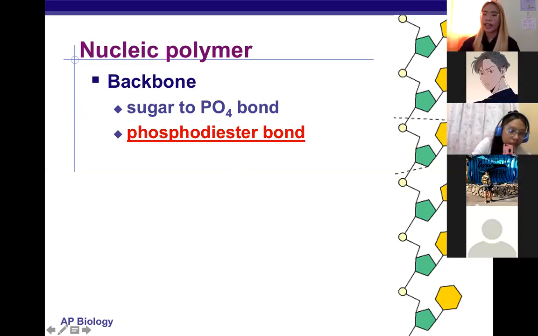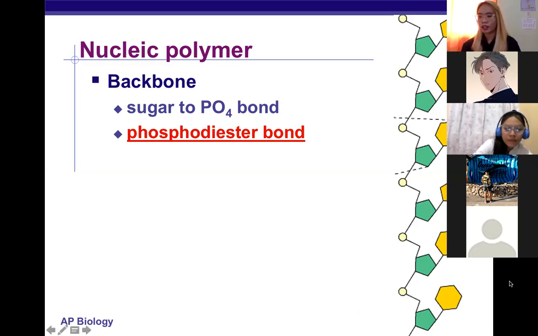phosphodiester bond. So, pagdating ng carbohydrates or monosaccharides and polysaccharides, anong kind of bond ang napo-form sa kanila? Sige nga, review. Anong bond between sugar molecules? Sino pang makakatanda?